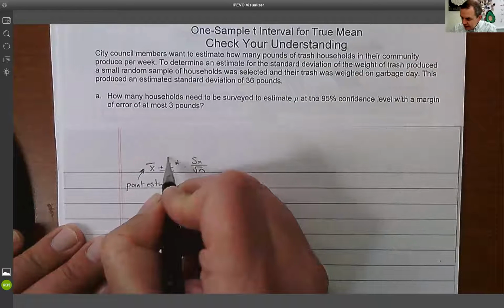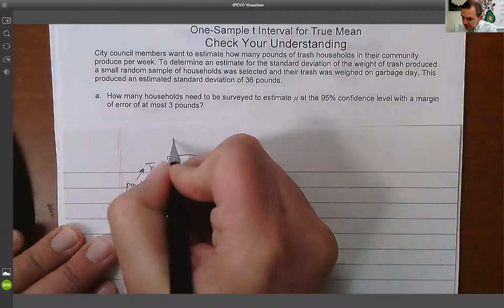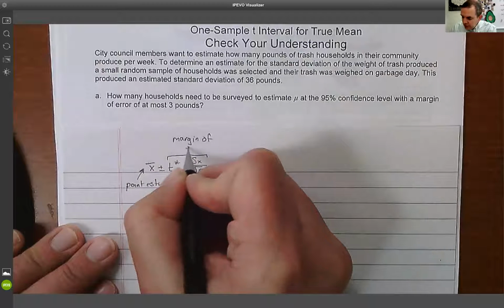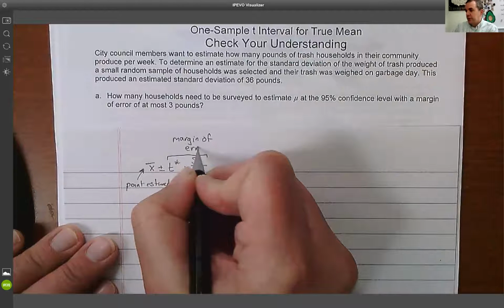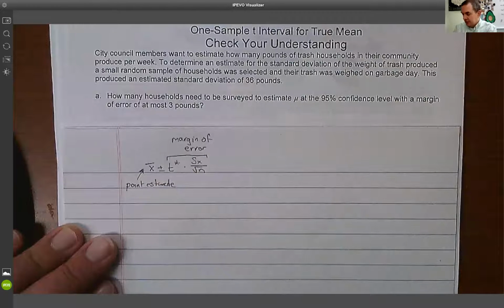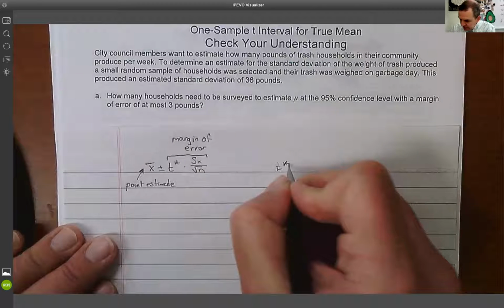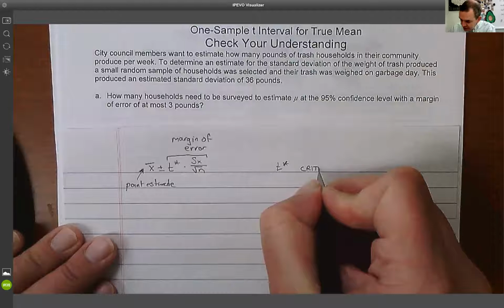This part right here is going to be my margin of error. Again, this is the variability that I'm building into my estimate. So that's point estimate plus margin of error. Now, the t star is our critical value, kind of like our z star was in the last unit.